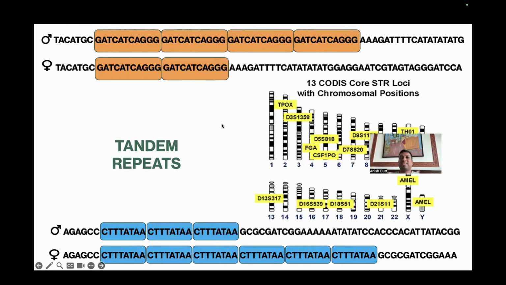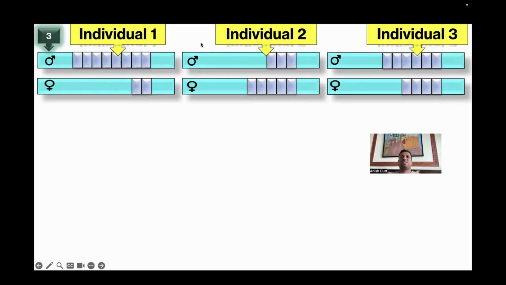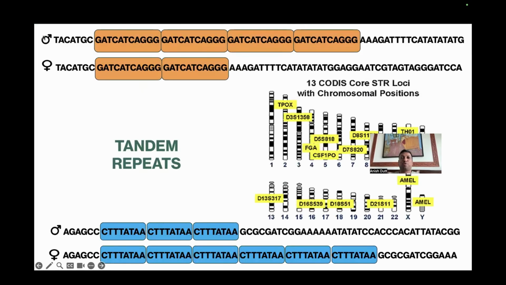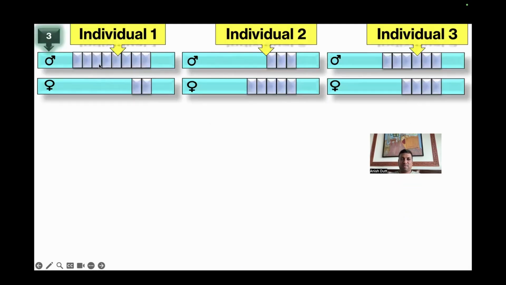Let me give you a very specific example. Let's take 3 individuals here and let's talk about chromosome number 3. I hope you remember chromosome number 1, 2, and 3. Let's assume that this particular sequence D3S1358 is the one that I have taken here. As you can see, in individual 1, it is repeating itself around 8 times, but on the maternal chromosome, it is repeated only twice.